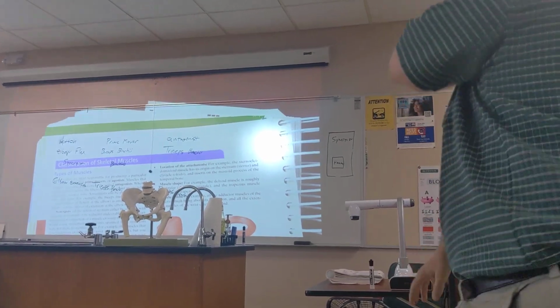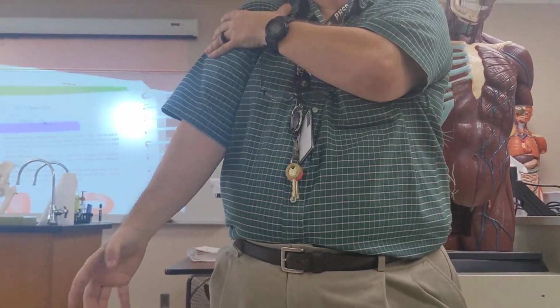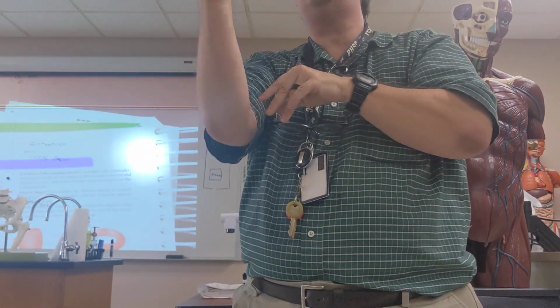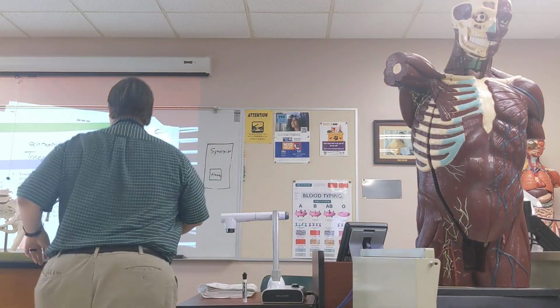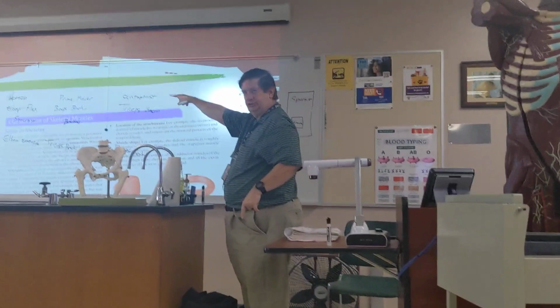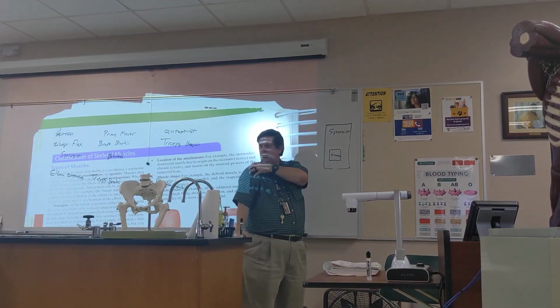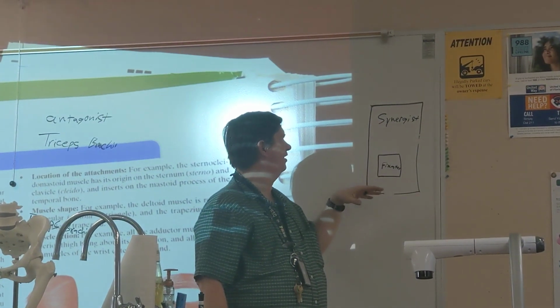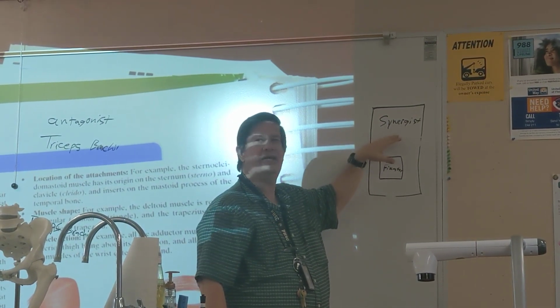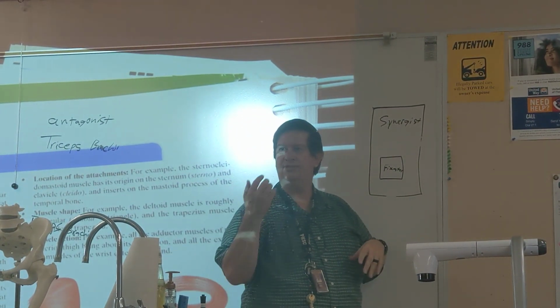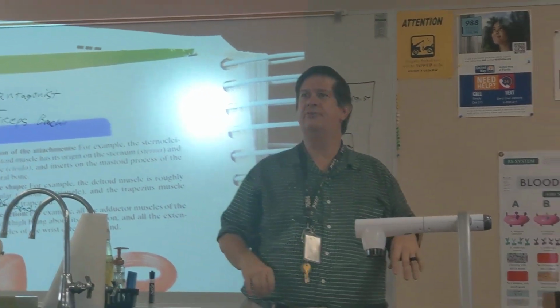Unless a fixator fixes one of the joints in place, then all the contraction goes into the other one. Does that make sense? So, for elbow flexion, because it holds the shoulder in place, that fixator is going to be a helper, a synergist, help you with the elbow flexion. Does that make sense?